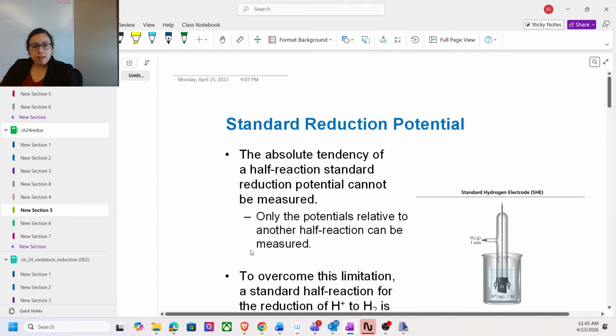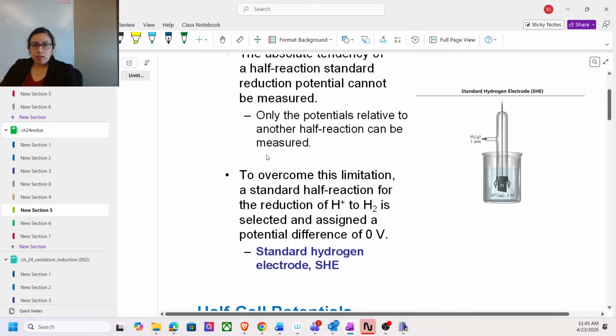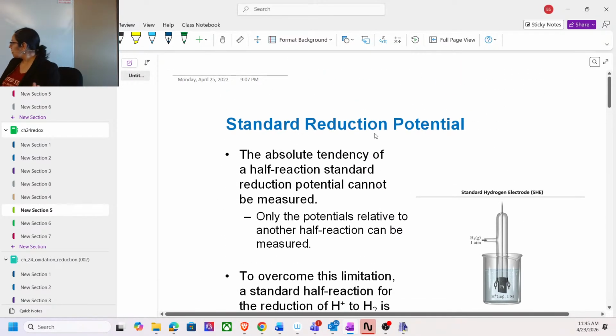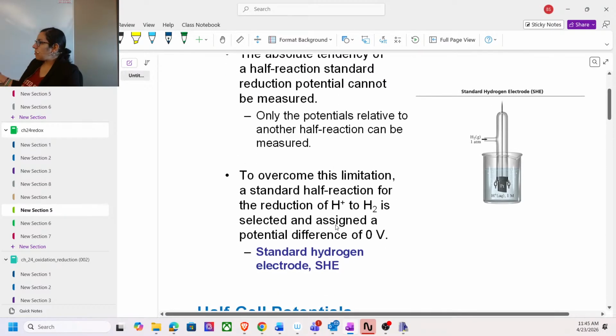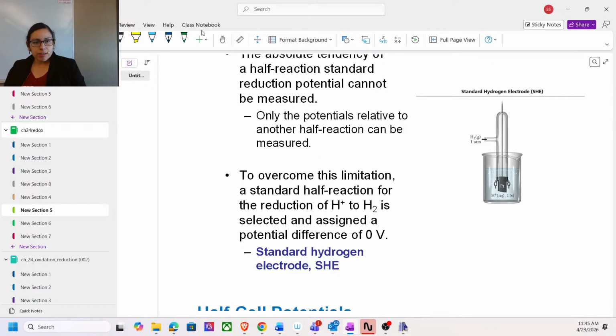And again, like you've gathered, we've already introduced this standard reduction potential, but basically we have to have some standard of comparison, and so usually this reduction of hydrogen is used. And you always have to compare it to some standard electrode.